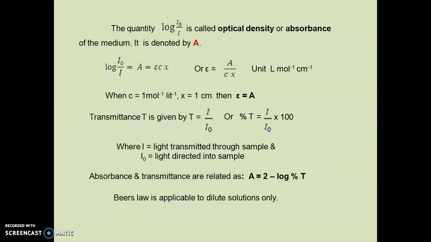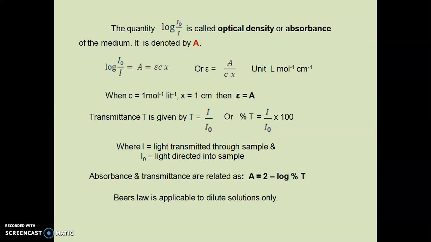The quantity log of I0 by I is also called as optical density or absorbance of the medium, denoted by A. That means you can write the left hand side of Lambert-Beer's law, that is log of I0 by I, that is equal to A, that is equal to the right hand side epsilon into C into x.